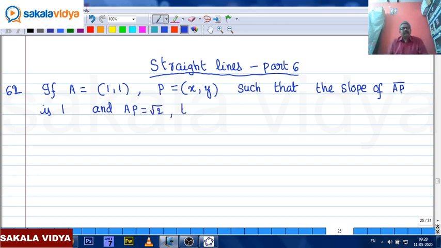Then x comma y, that means coordinates of P, we need to find out.